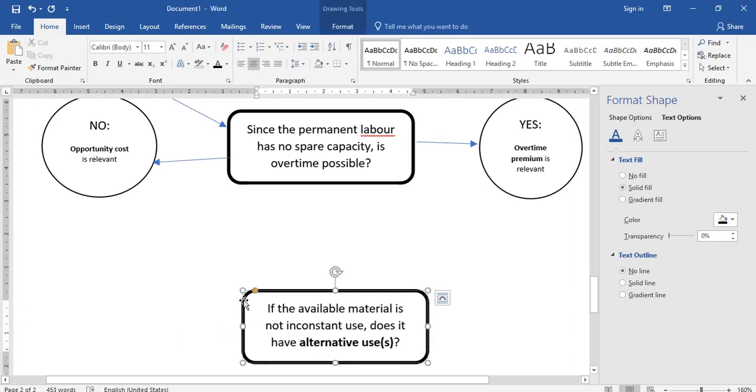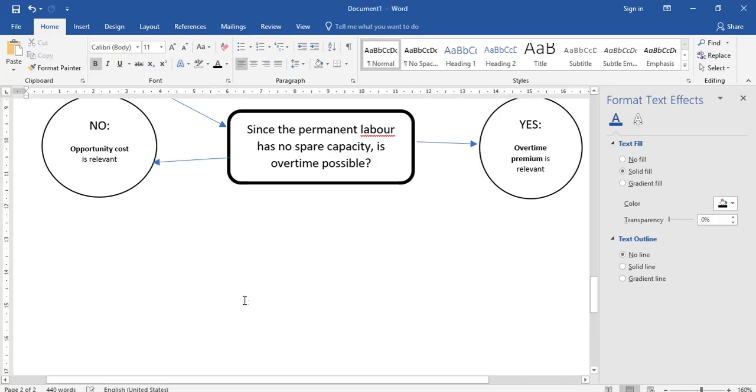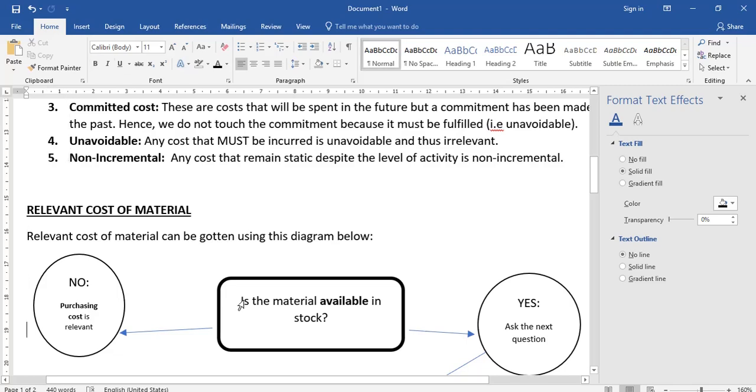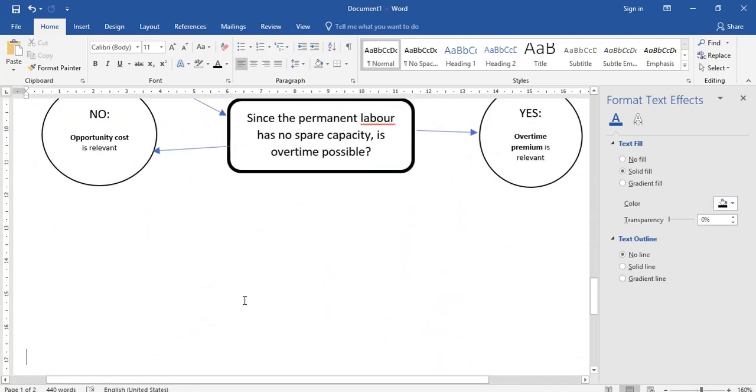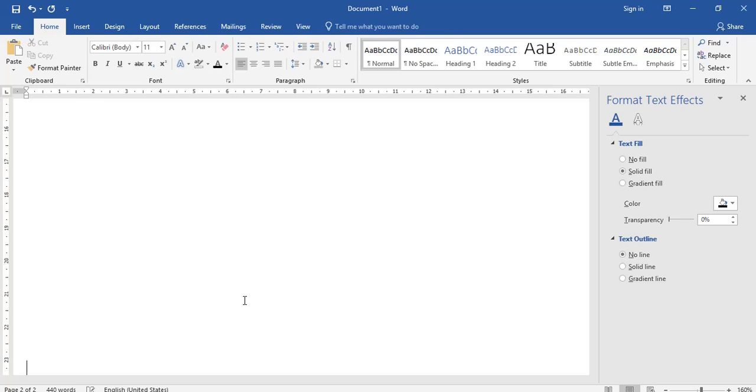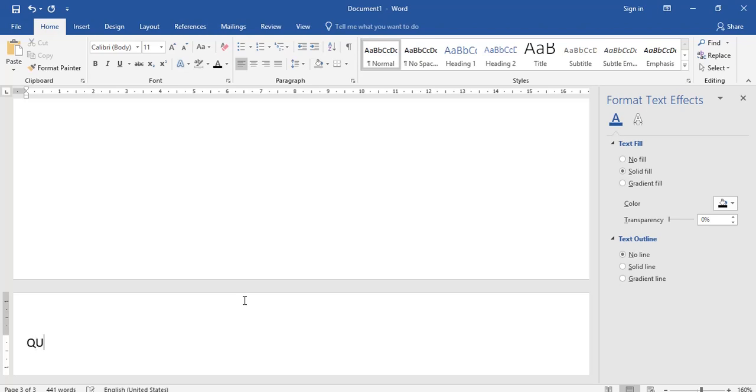So we are going to see how we can solve problems using this relevant cost of material and relevant cost of labor. Preparing myself for the next slide, which will now solve our question. Call it question solving. That is where we will continue question solving.